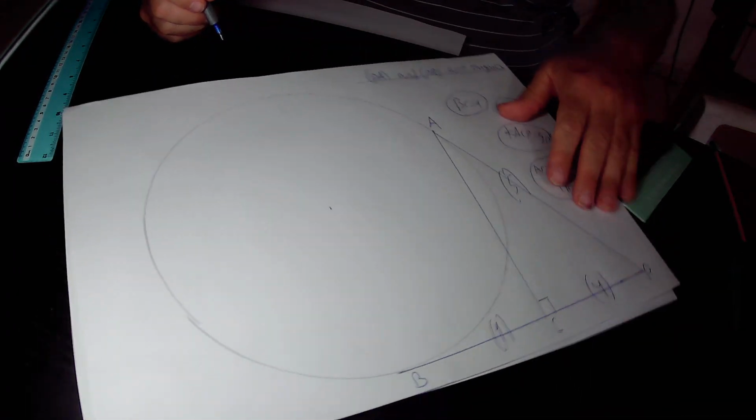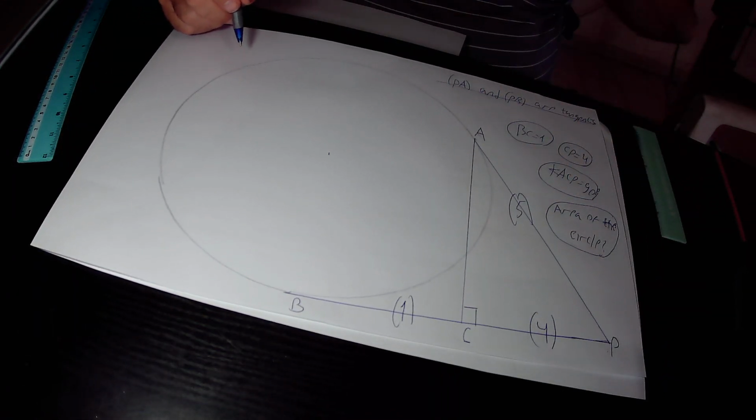In the next step, I'll copy the right triangle ACP in a new page, and we will implement the Pythagoras theorem on this right triangle ACP.